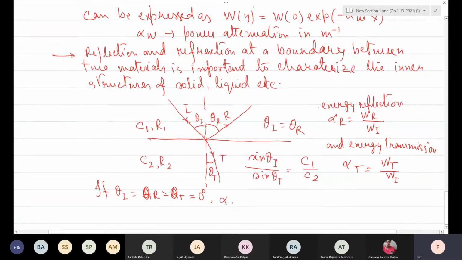So in that case, the relation is simply in terms of the acoustic impedance. The amplitude reflection coefficient is R1 minus R2 by R1 plus R2, and the energy reflection coefficient is the square of that. Whereas the transmission coefficient is 4 R1 R2 by R1 plus R2 squared.